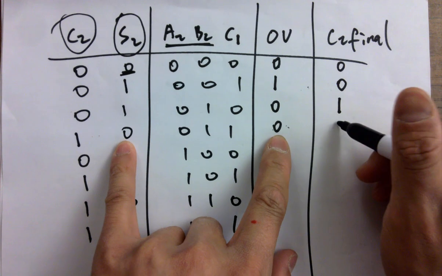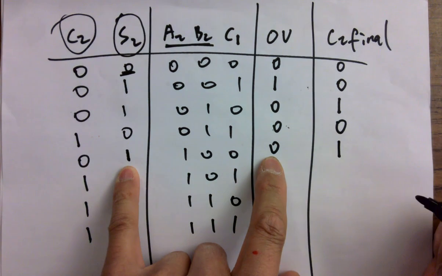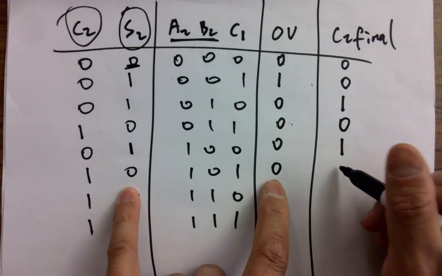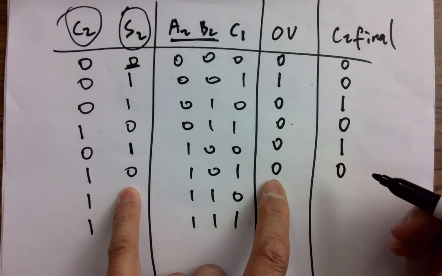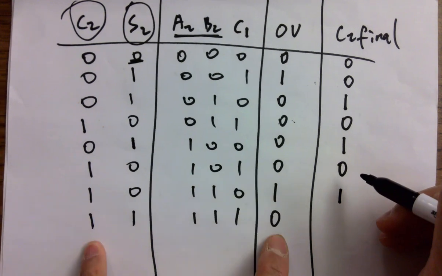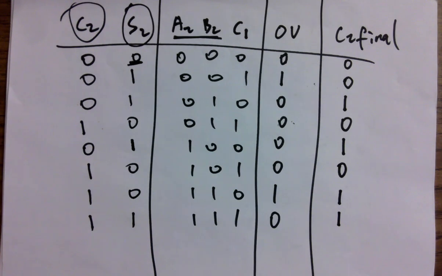No overflow, S2. Overflow, C2. No overflow, S2. Okay, that's the truth table for that.